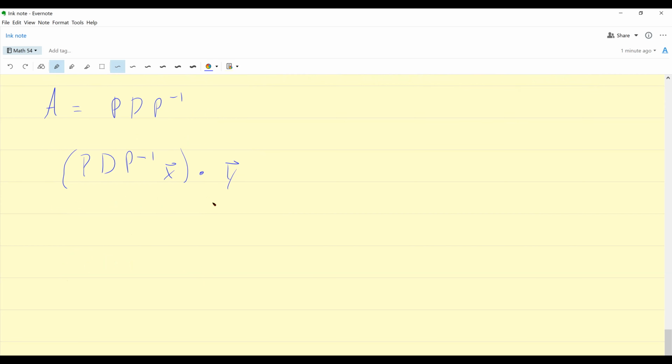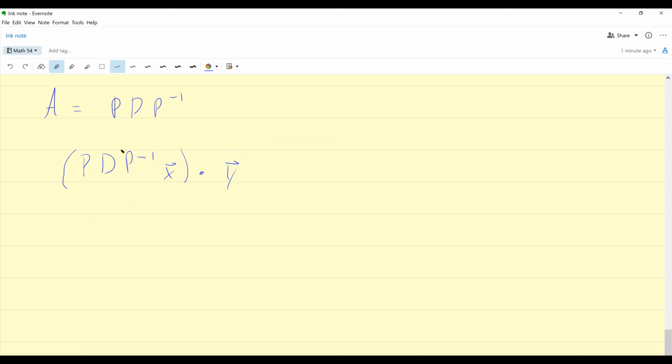All right. Then could you distribute each of the matrices in the PDP inverse to x? What do you mean distribute? Like, I'm not sure, is this P inverse times x, or is this the entirety of PDP inverse times x? So this will be all of PDP inverse times x.